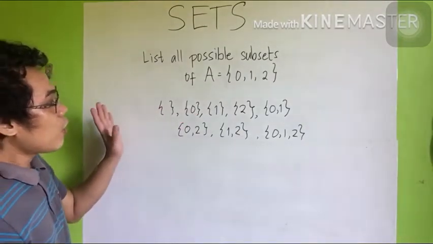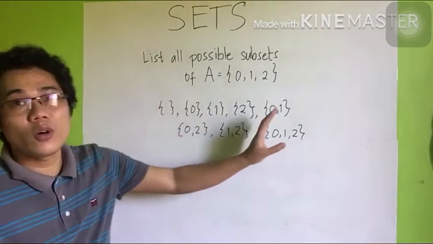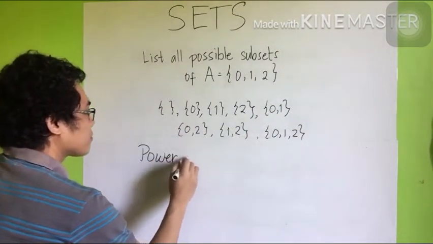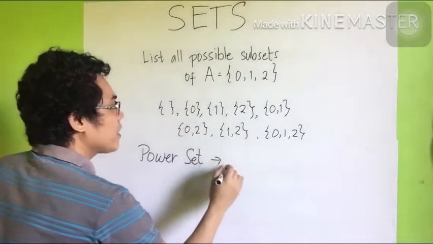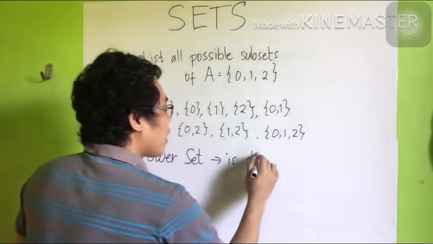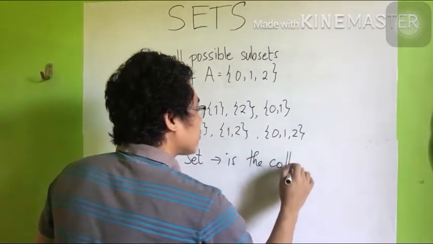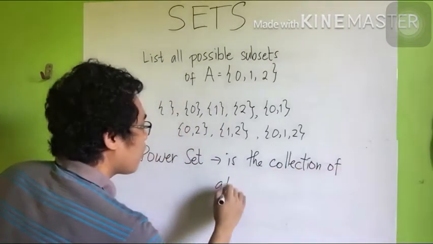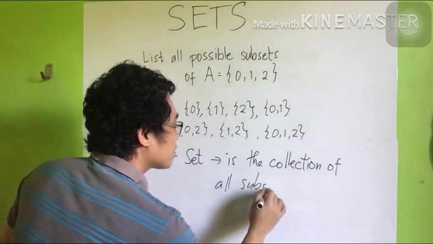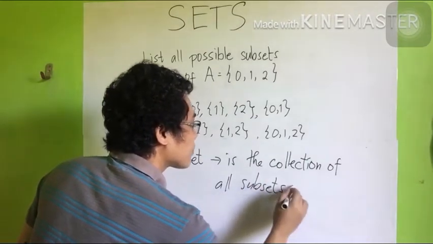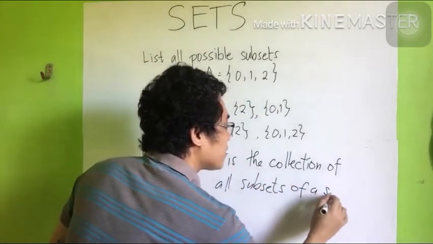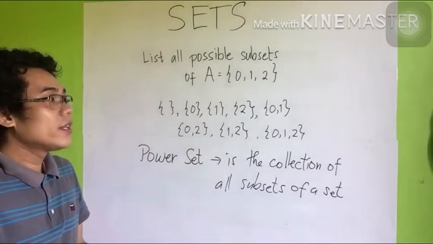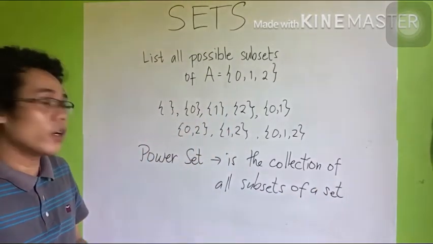Ang collection ng lahat ng subset na to ay tinatawag nating power sets. So power set is the collection of all subsets of a set. So lahat ng collection ng subset sa isang set ay tinatawag na power set.